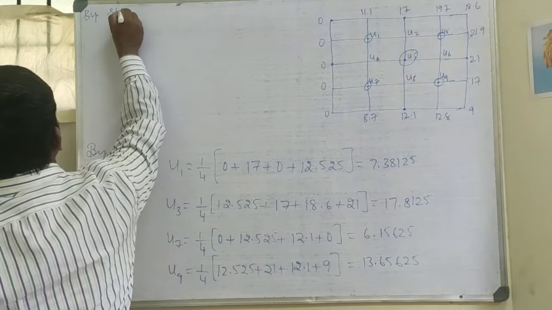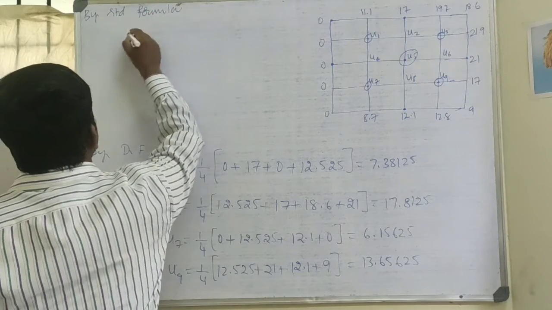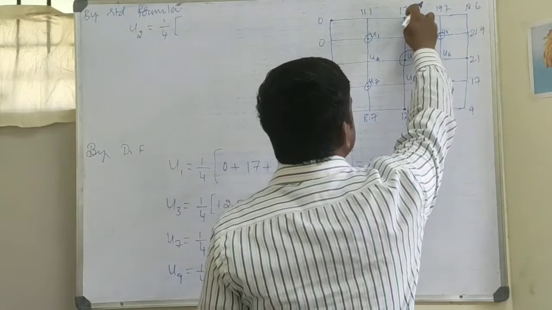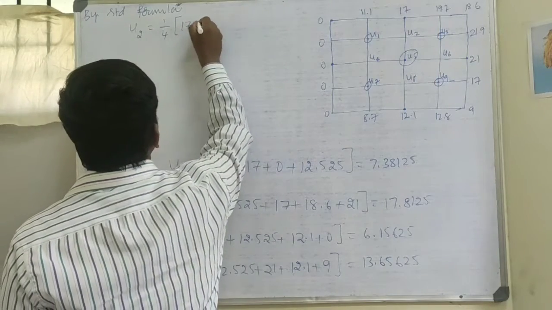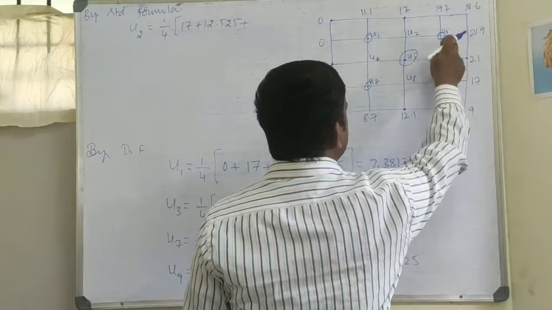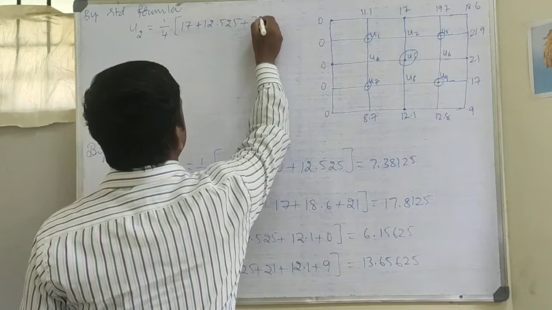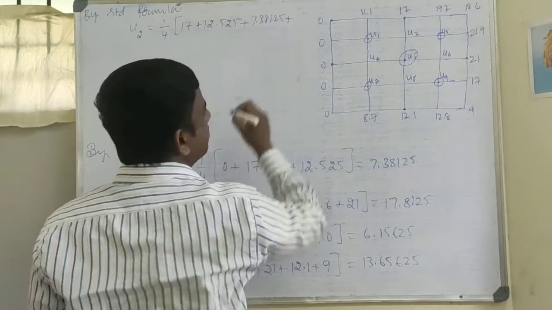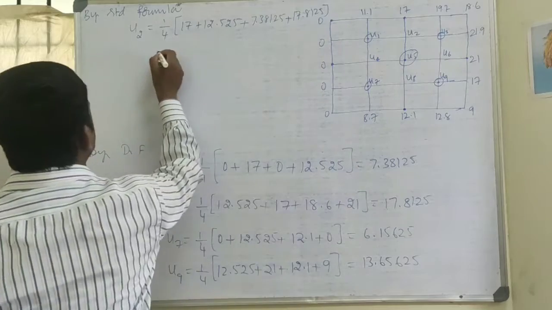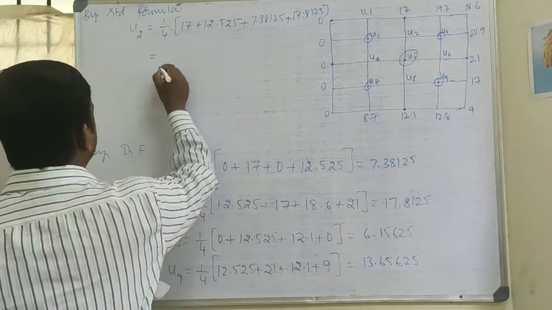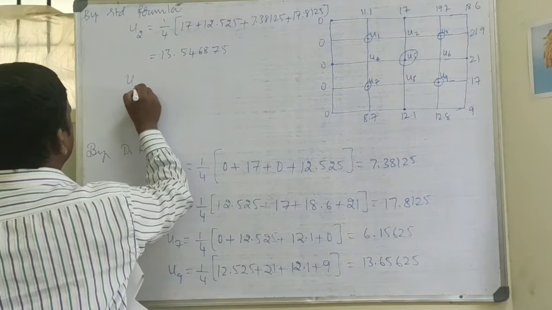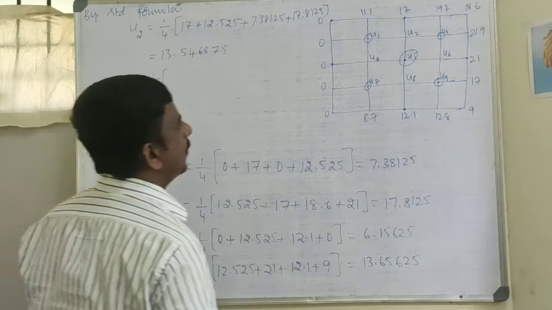By the standard formula, u2 equal to 1 by 4 times the average of coordinates: 17.525 plus 17 plus 12.525 plus u1 plus u3. u1 is 7.38125 plus u3 17.8125. So u2 we get 13.54687.